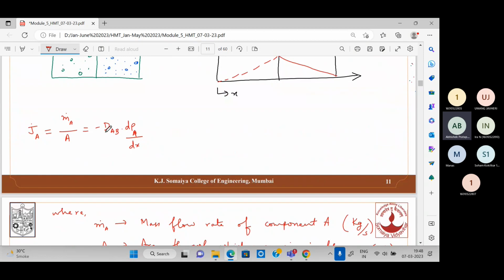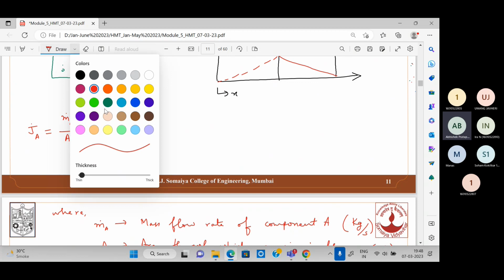Now let us see what is the significance of this negative sign.